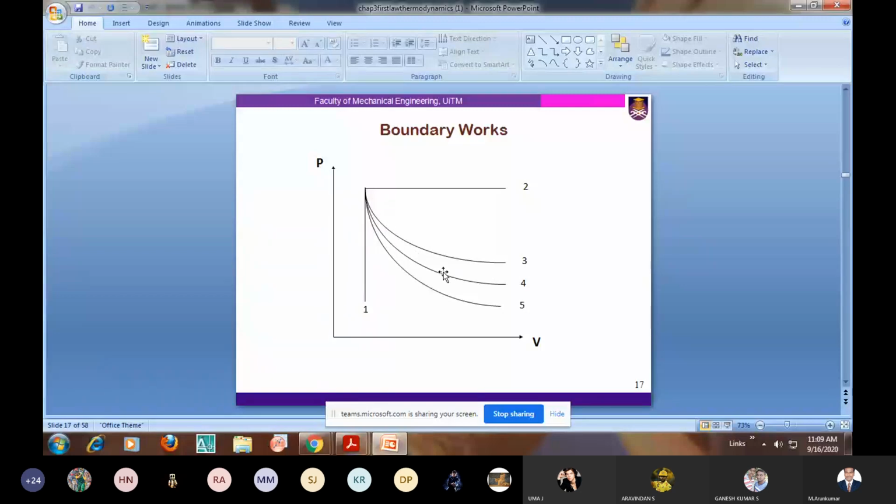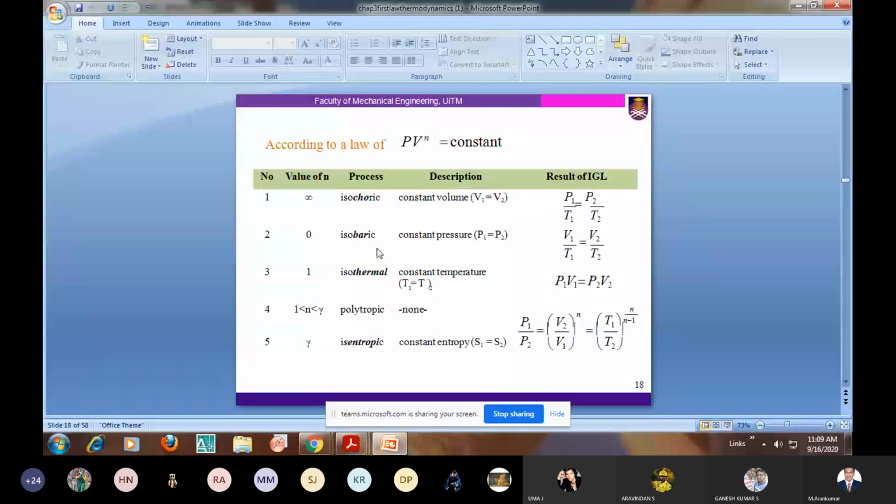Then this is for the polytropic process. Then this is for the isentropic process. We can compare this in the next slide. So the first line is the isochoric process, and we know how the isochoric process looks.